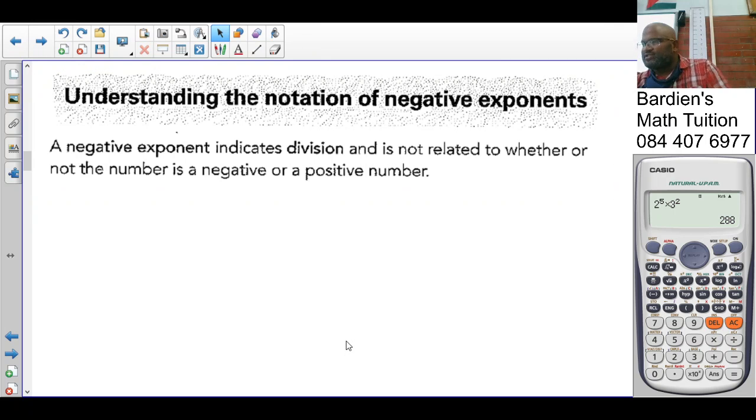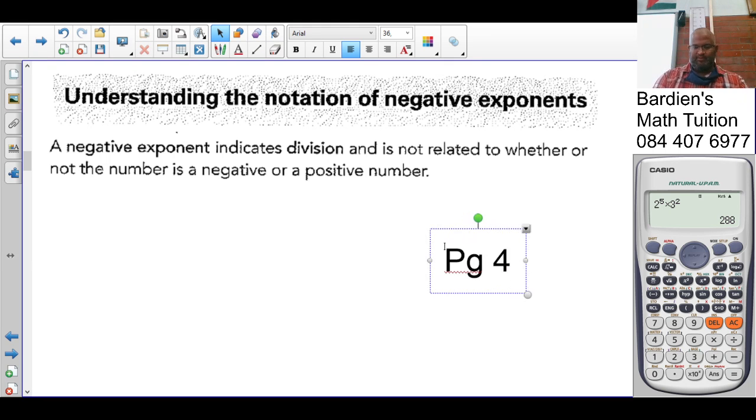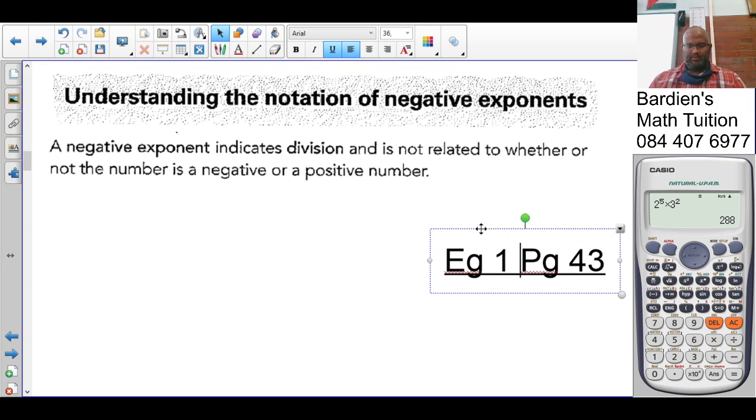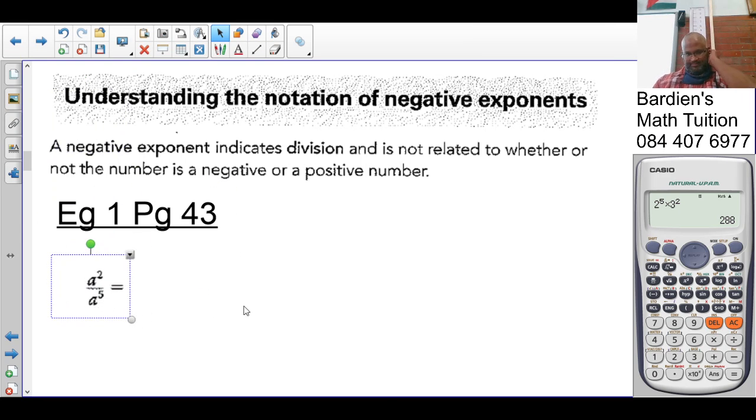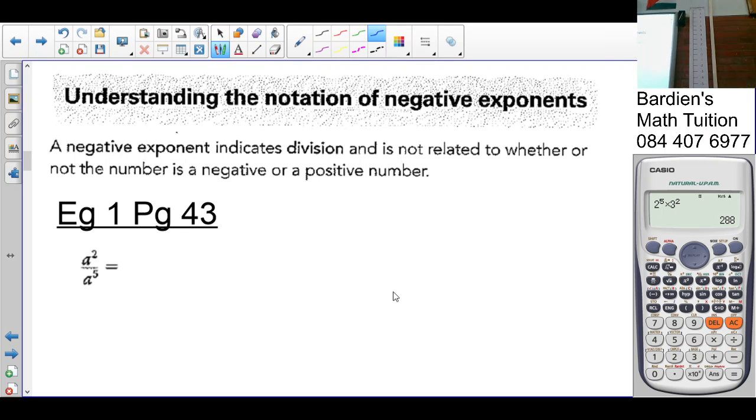So understanding exponents is on page 43. And the sum they gave us there is a to the exponent 2 over a to the exponent 5. In expanded form, a to the exponent 2 can be written as a times a, not so hard.